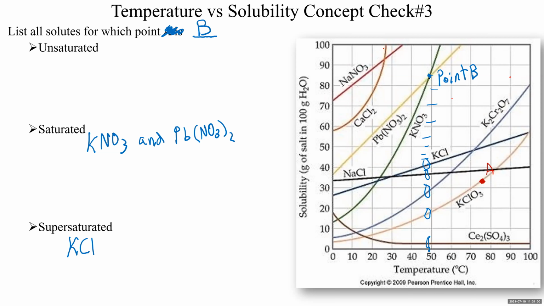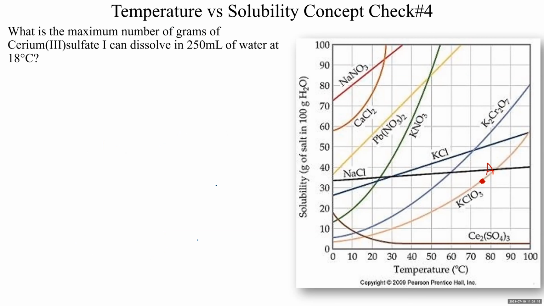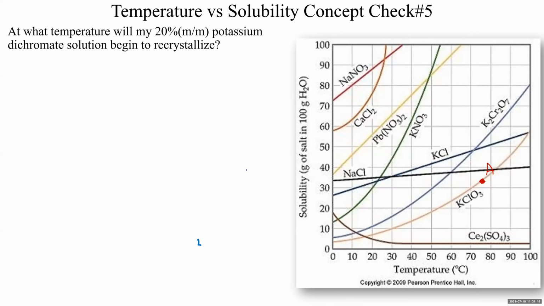So KCl, point B is above KCl, point B is above NaCl. Point B is also above potassium dichromate. Potassium dichromate.